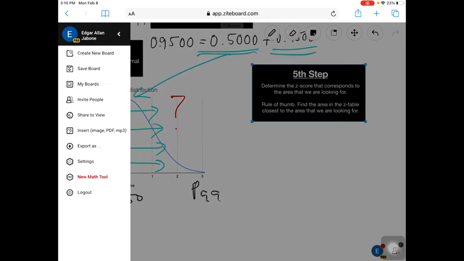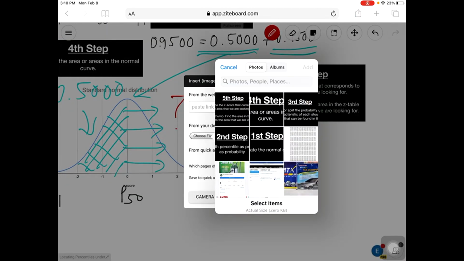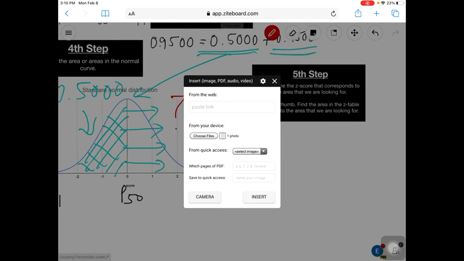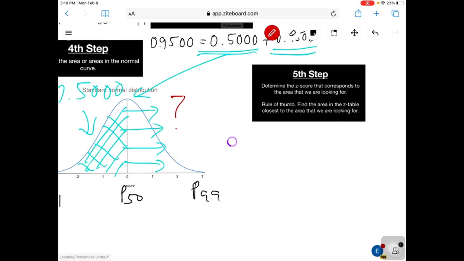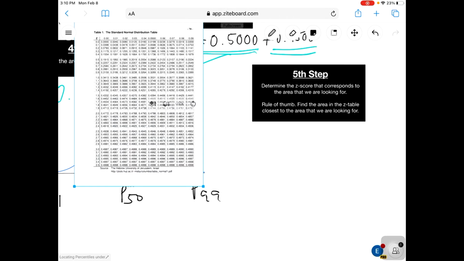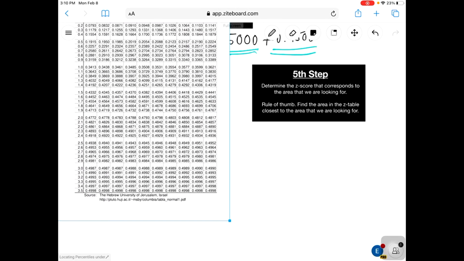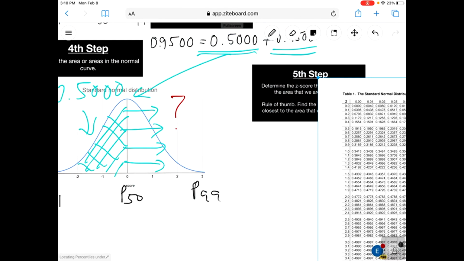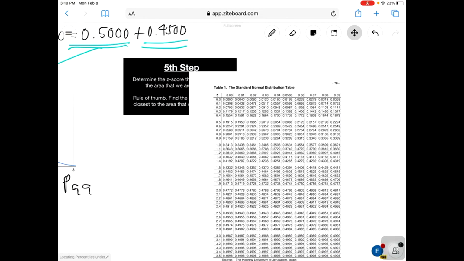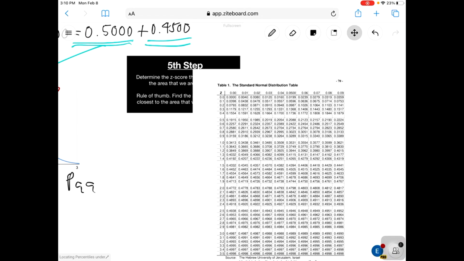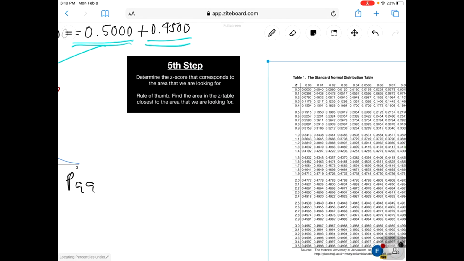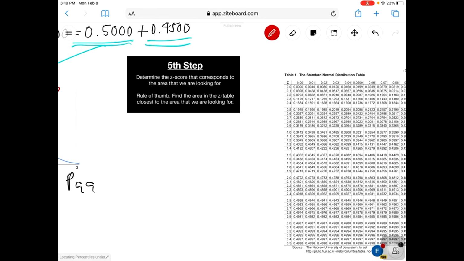We have to use the z-table in this case. Again, remember that we're looking for the z-score that corresponds to the area 0.4500. Question mark, we do not know yet.